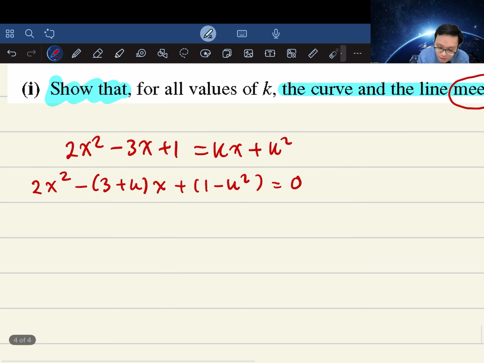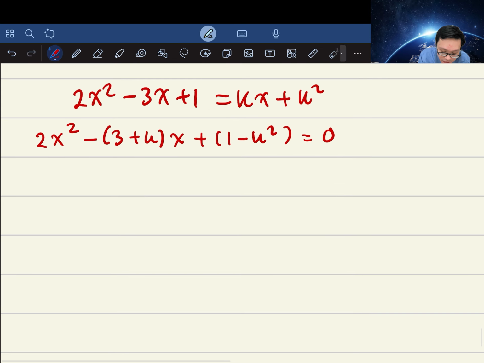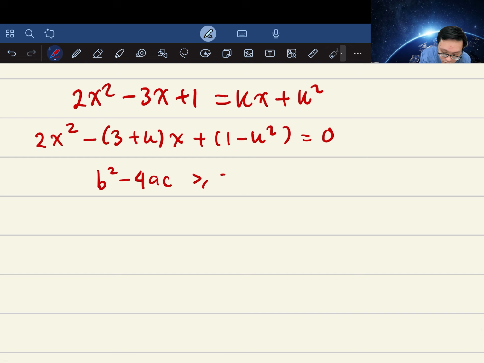Now apply the discriminant, but for this case it has to be greater than or equal to 0. So b squared minus 4ac greater than or equal to 0. So b in this case is minus (3 plus k), squared, but we know that a negative squared is just positive. So we just write it like this.